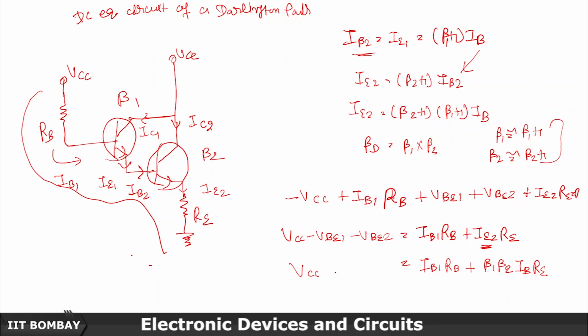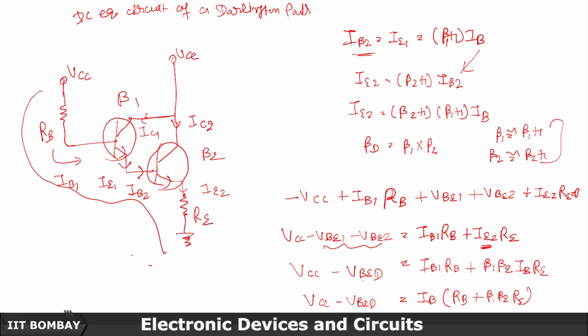So this is where we can write this sum of two voltages as VBED, VBE for the Darlington pair. If we take out IB1 here, it comes out to be RB plus beta 1 beta 2 RE times IB1 equals VCC minus VBED.